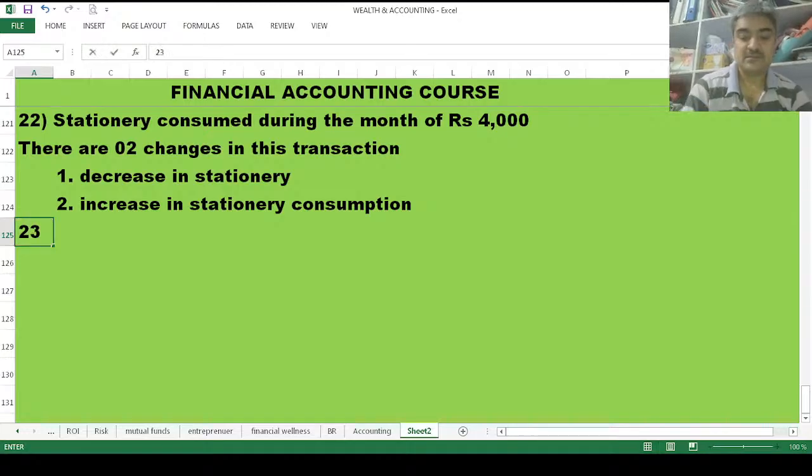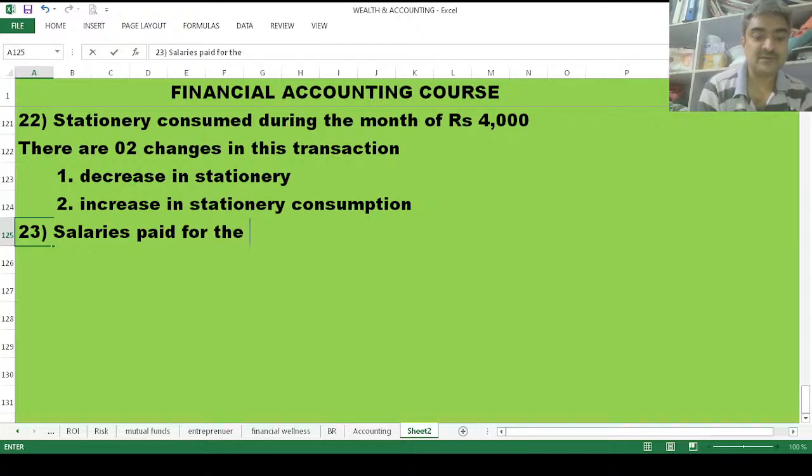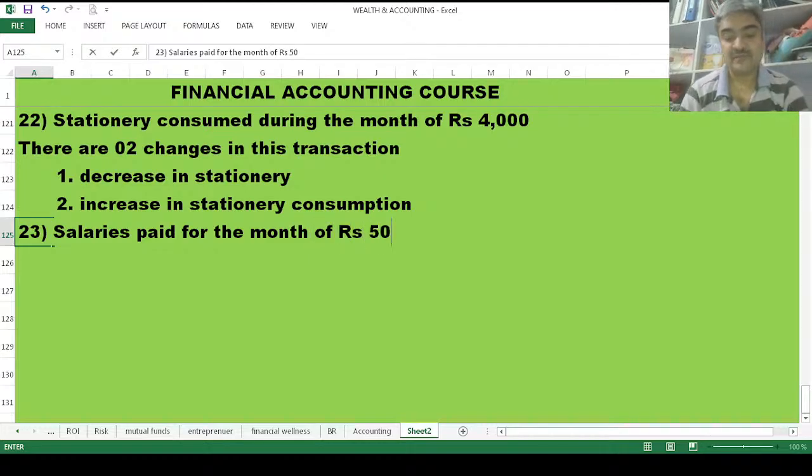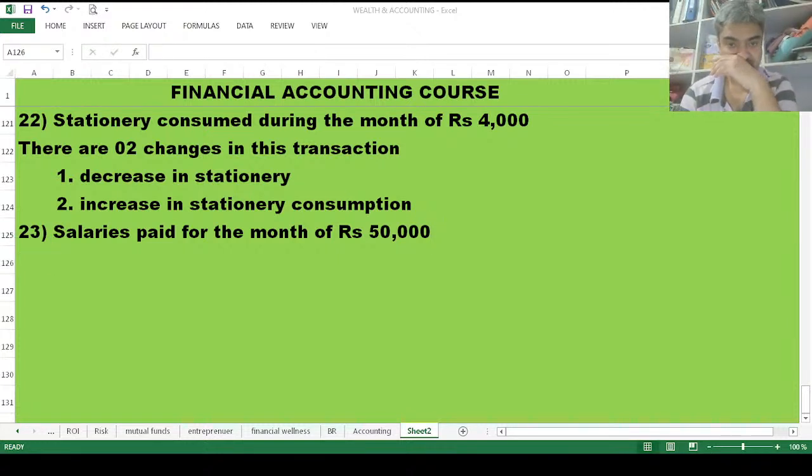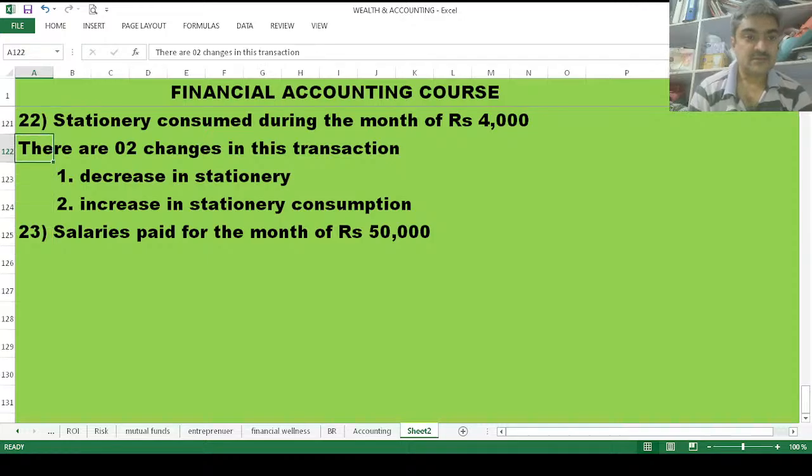The next transaction is transaction number 23, salaries paid for the month of rupees 50,000. Okay, this transaction also has two effects.